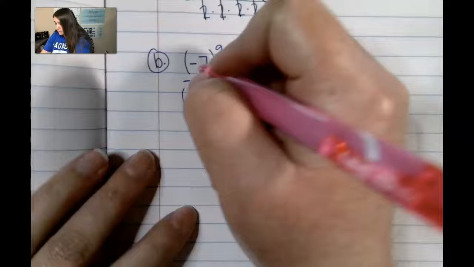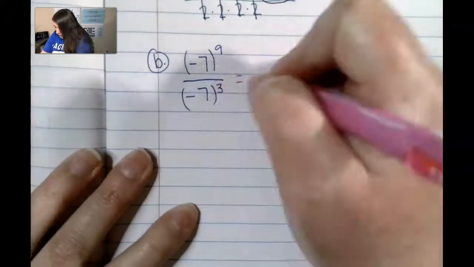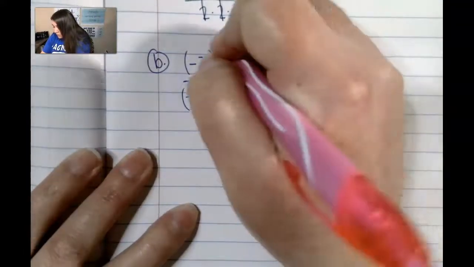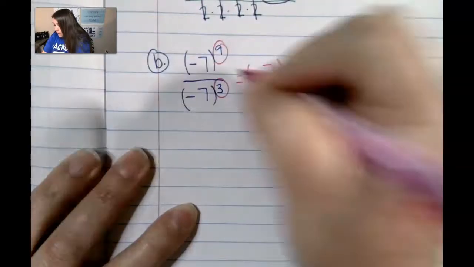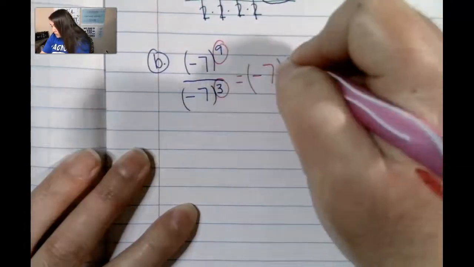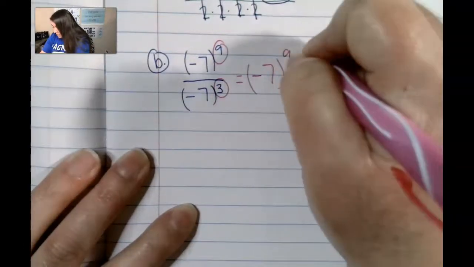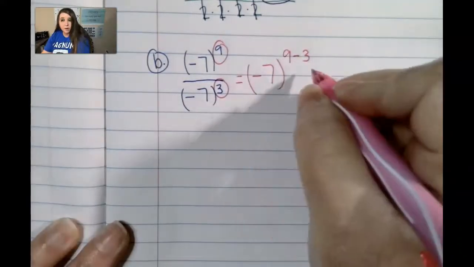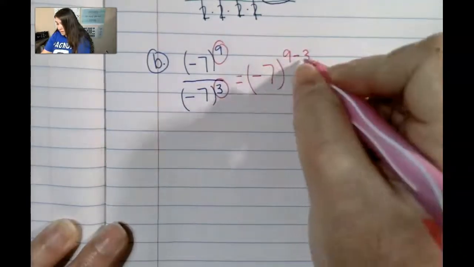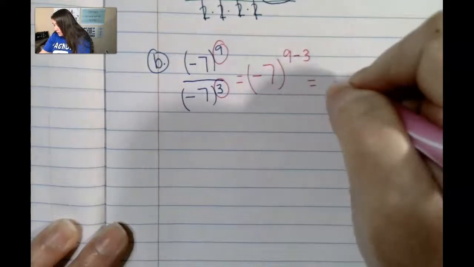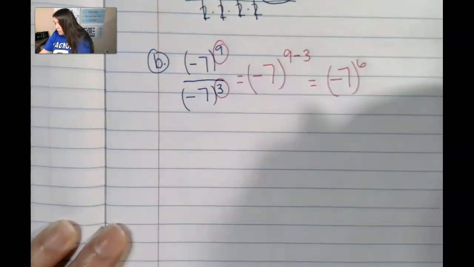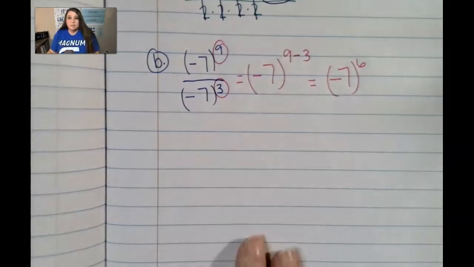So we take our base, negative 7, slide it over, and subtract. 9 minus 3: 9 is on the top, so it comes first, and 3 is on the bottom, so it comes second. 9 minus 3 gives us 6, so we have negative 7 to the power of 6.